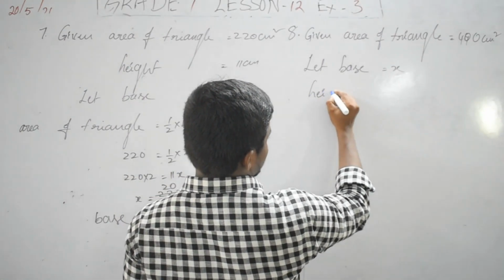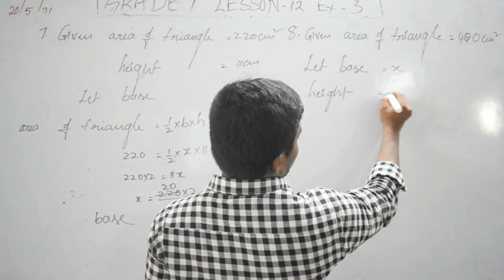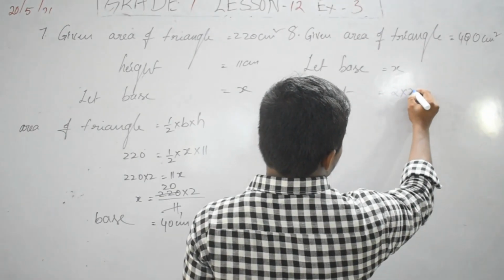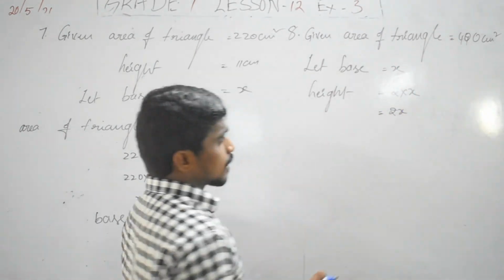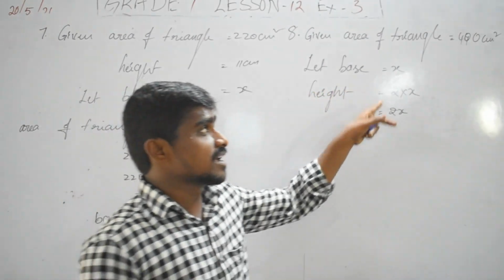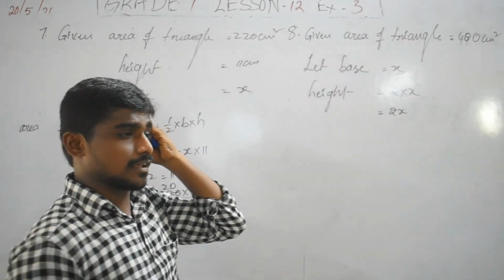Next they are saying height is double of the base. So base is 2 times, so height is 2x. Now height we know, base we know, area of the triangle we know.